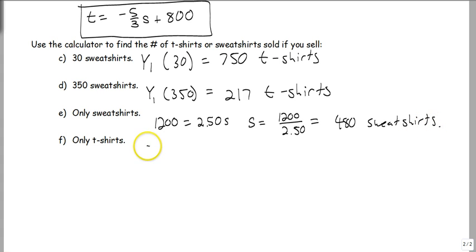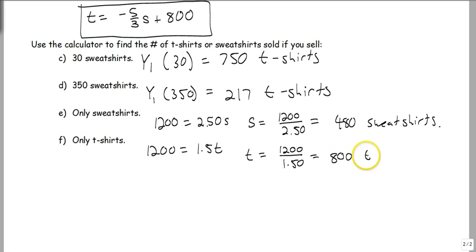Now, if I do the same thing for t-shirts, it's $1.50 per t-shirt. You probably have to sell more to get up to $1,200, which makes sense. You divide by $1.50, and you get 800 t-shirts for that problem.